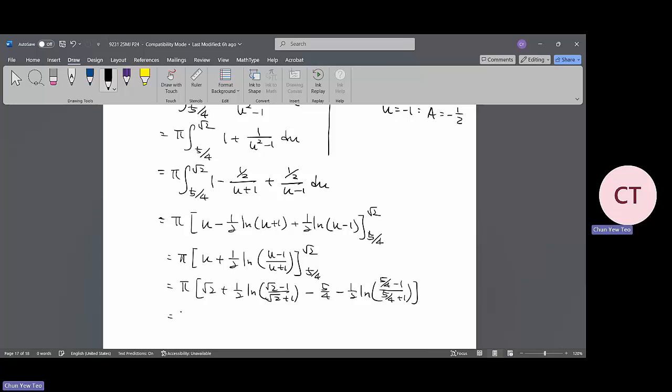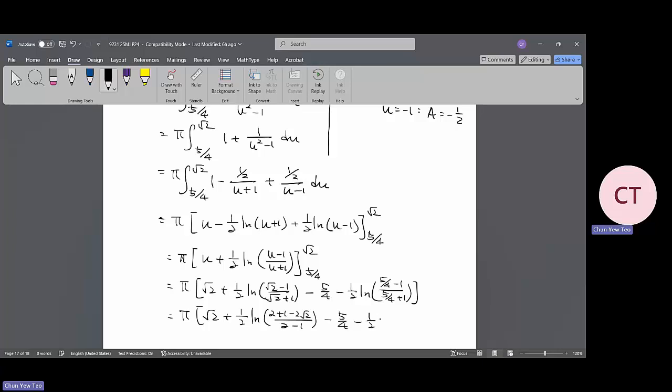So still have a few steps to go. This one, you need to simplify it to become ln of (√2 minus 1)² over (2 minus 1), rationalizing the denominator.